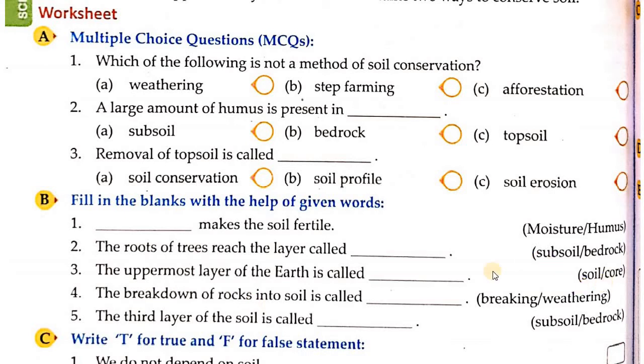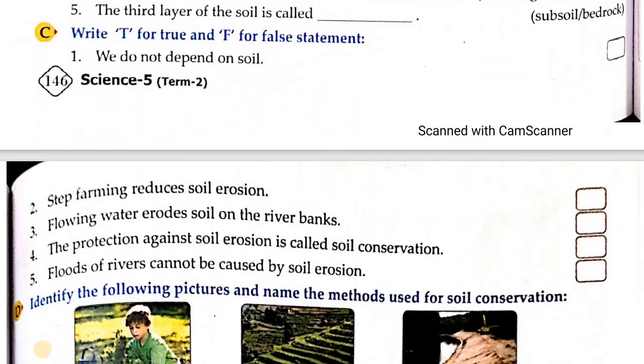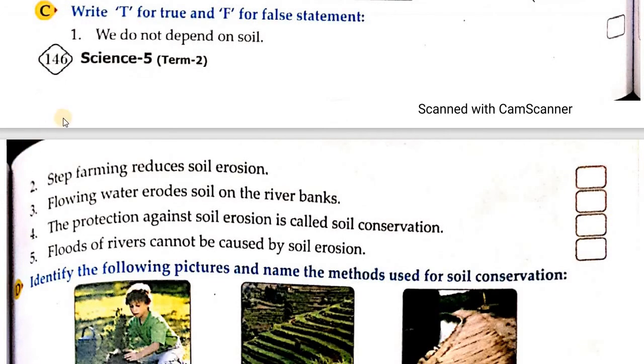Of course, soil. Number 4. The breakdown of rocks into soil is called breaking or weathering? Yes, weathering. The last one, the third layer of the soil is called subsoil or bedrock? Bedrock. We'll move to the next question.